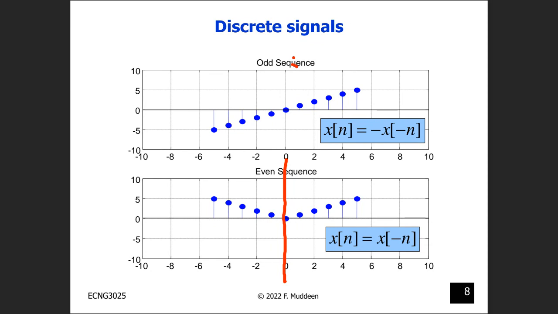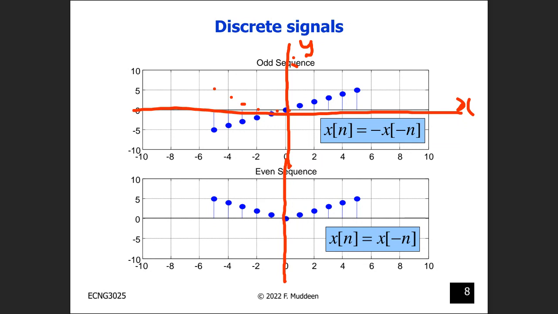You flip it around here, and then you flip it around here. You flip it along the y axis and then the x axis, and then you eventually get the sequence. So that's why it's -x[-n].